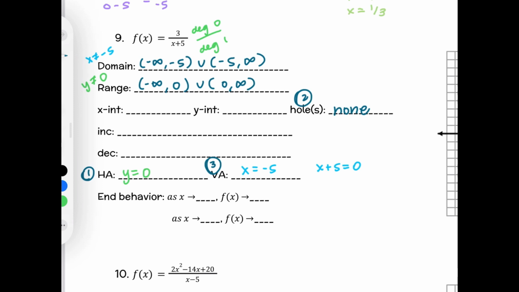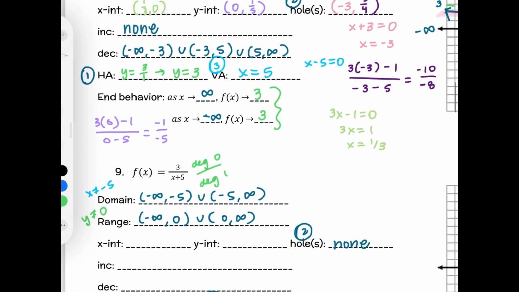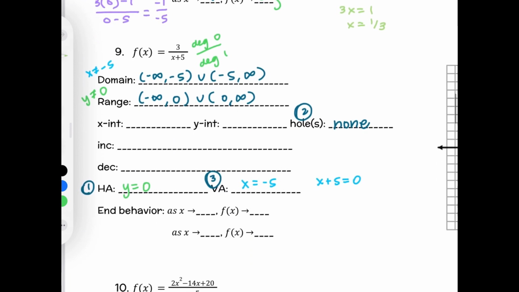All right, x-intercept, y-intercept. X-intercept, we set the numerator equal to 0 and solve for x. So if I set the numerator equal to 0, 3 equals 0 is not a true statement. If you just have a number up top and your horizontal asymptote is y equals 0, then you will have no x-intercept.